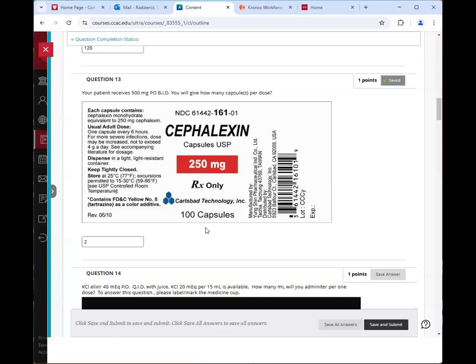So what would that be? 4. Yep. So if I give 2 capsules twice a day, then the total for the day is 4. So anything like per day, we're going to times 2? No, you have to pay attention to what it says here. If it said TID, you times 3. If it said QID, you times by 4.